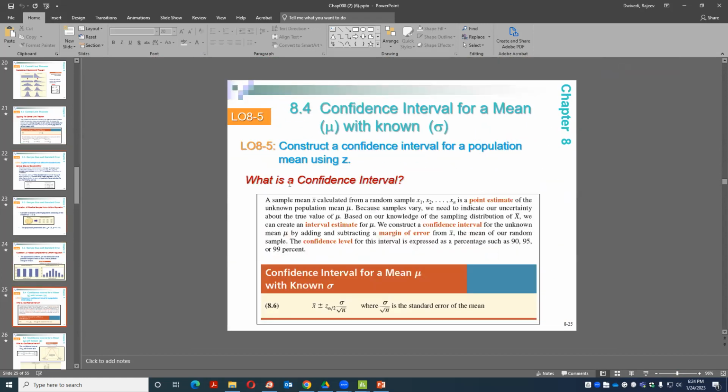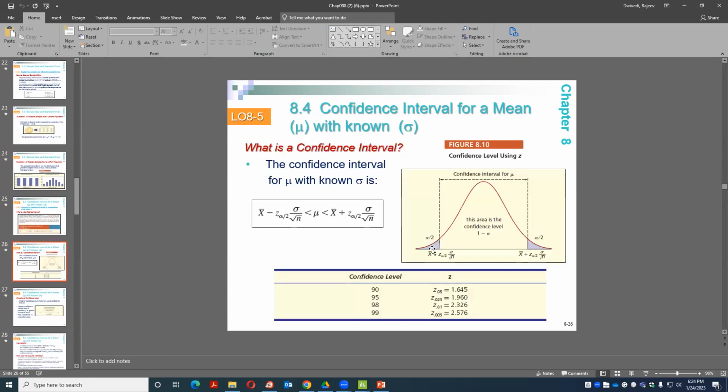So what is a confidence interval? On one side, sigma upon square root of n is the standard error of the mean. Now, this is a confidence interval, which I already explained, 90%, 95%. So this is mu plus minus: this is a minus term, this is a plus term.